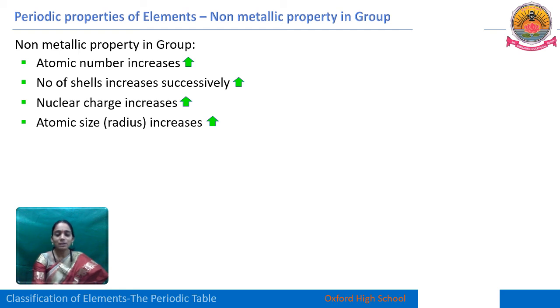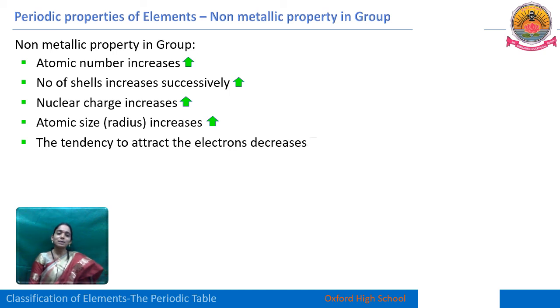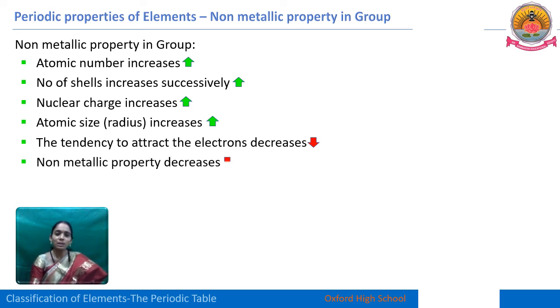The size increases, so the nuclear force of attraction is less on the outermost shell. So the tendency to attract the electrons decreases. So non-metallic property decreases in a group from top to bottom.